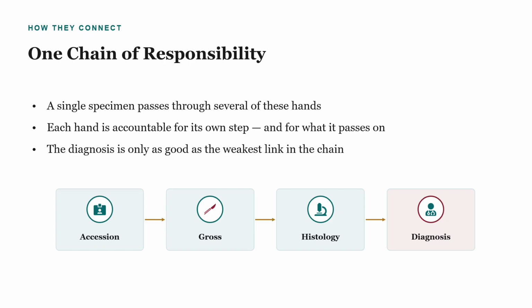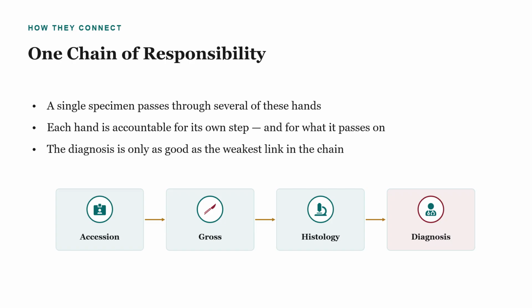Each person is accountable not only for their own step, but for the quality of what they hand to the next person. The accessioner has to pass a correctly identified specimen to the grossing bench. The person grossing has to pass well-chosen, well-documented sections to histology.